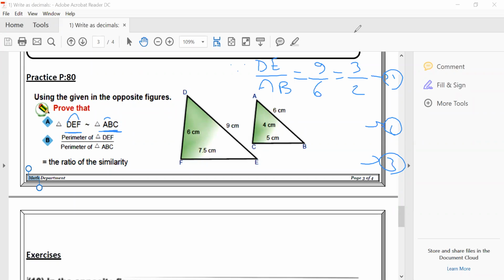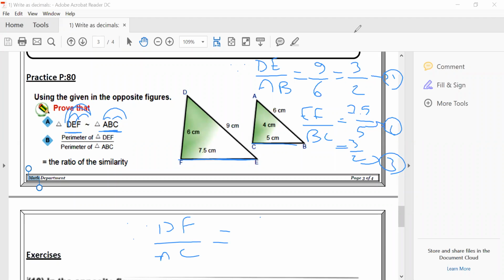Okay, the second one, EF over BC. Where is EF? EF has 7.5. Where is BC? 5. 7.5 divided by 5 also gives 3 over 2. This is number 2. The last one, DF over AC, since DF over AC equals 6 over 4, also 3 over 2.